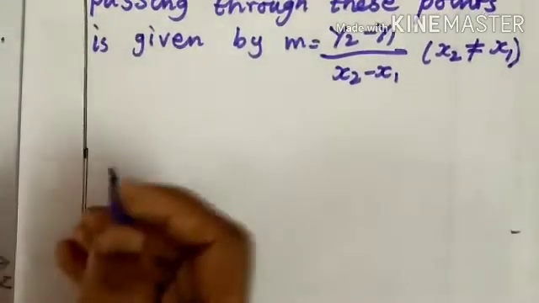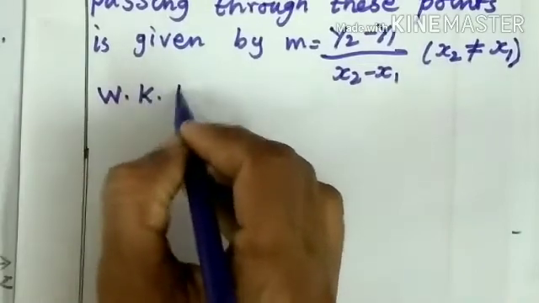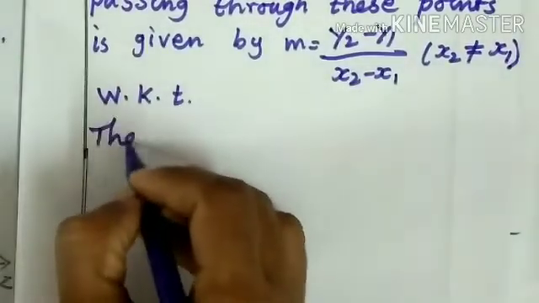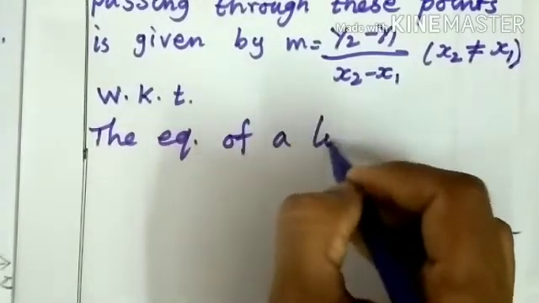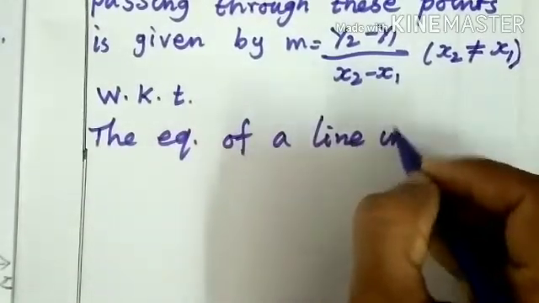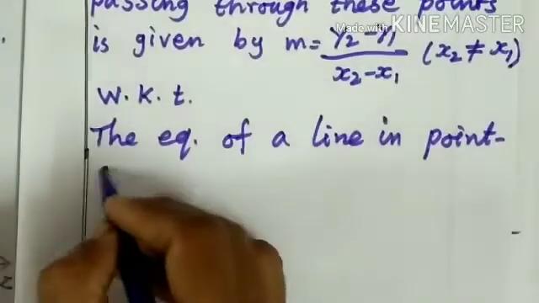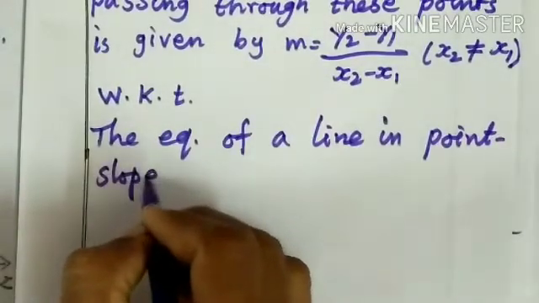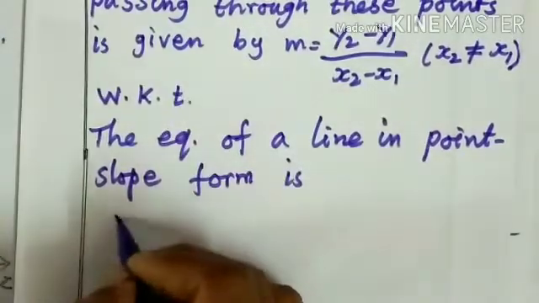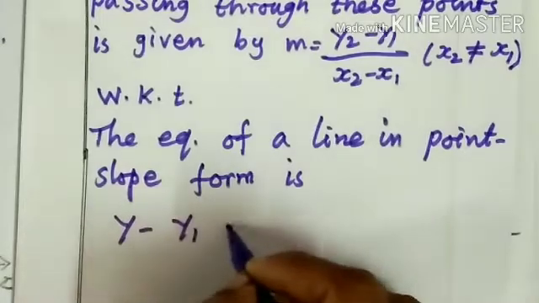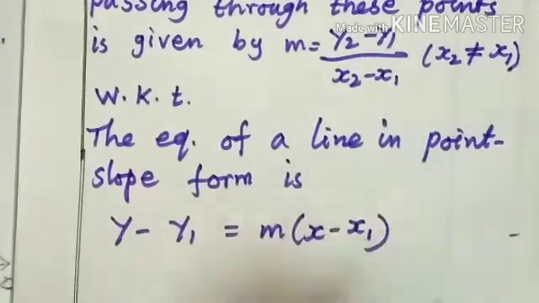Now let us see the formula derivation. We know that the equation of a line in point-slope form is y minus y1 is equal to m into x minus x1.